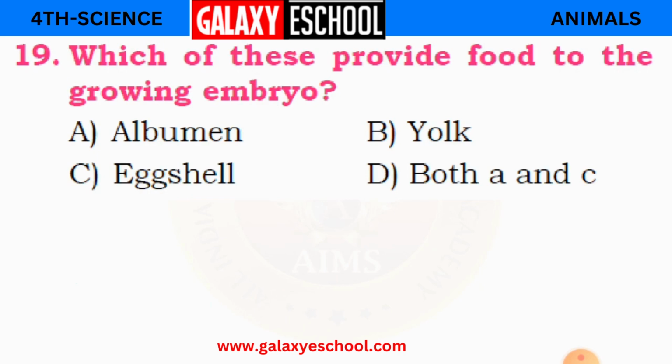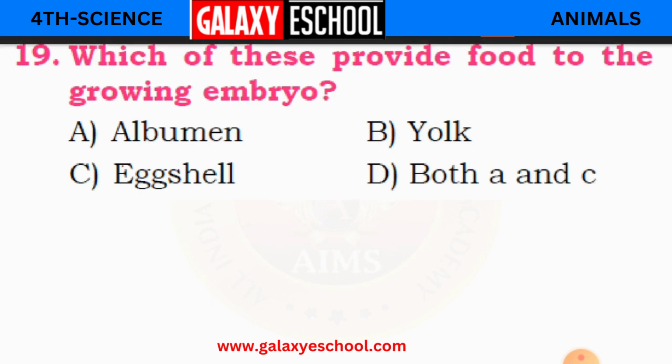Which of these provide food to the growing embryo? Okay, children. A option is albumin, B is yolk, C is eggshell, D is both A and C. So we are talking about the egg here.